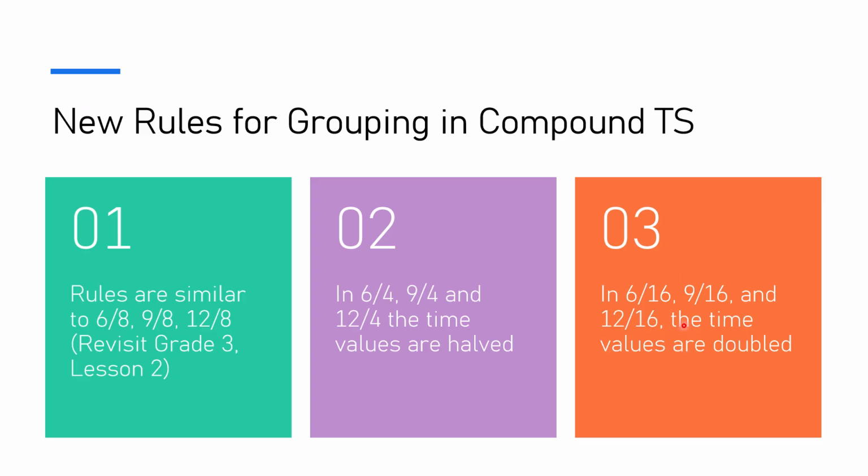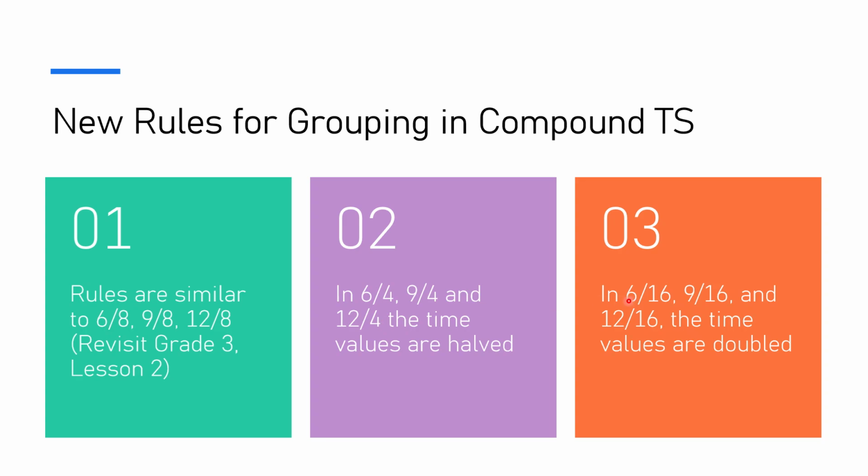The time values are double in terms of what you have here. So double of these dotted quavers gives you a dotted crotchet. So that's just the difference. Every other principle remains the same.